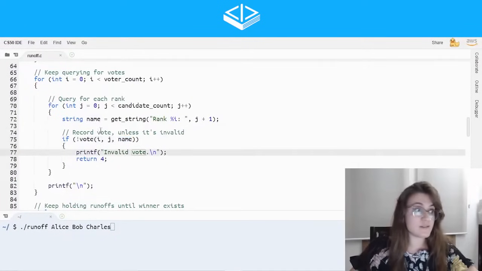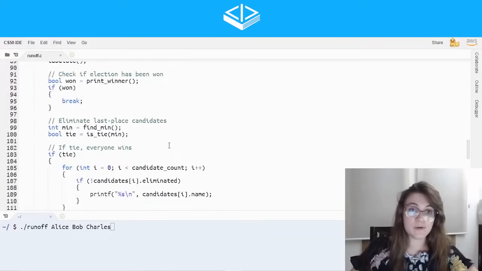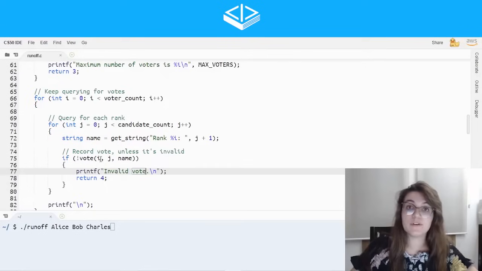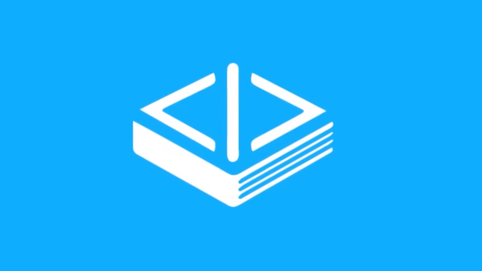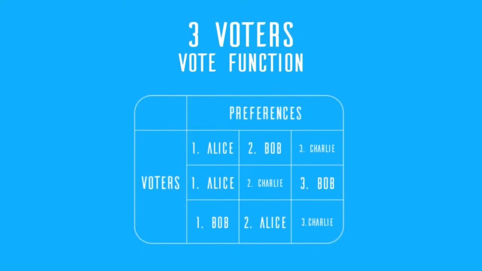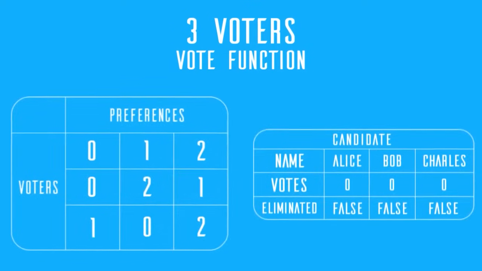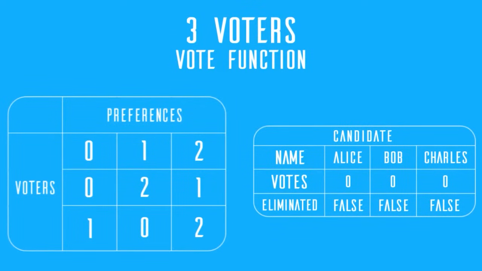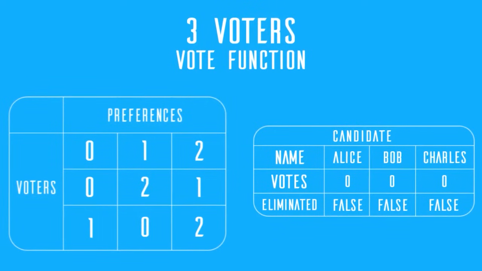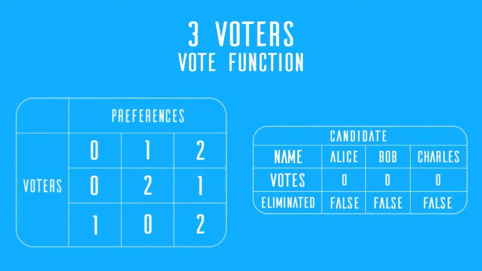So as we can see, we're gonna receive the number of the voter and the number of the candidate, right? So the position in the array where we are storing everything. We're gonna turn this table of preferences here into numbers. For example, in the candidates array, we have Alice, 0 votes, and eliminated false. What is the position of Alice?